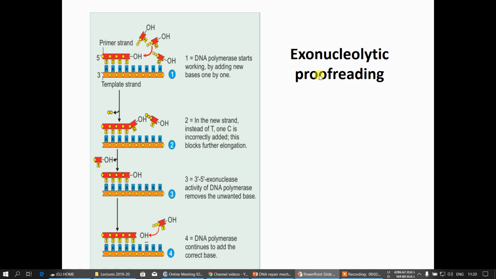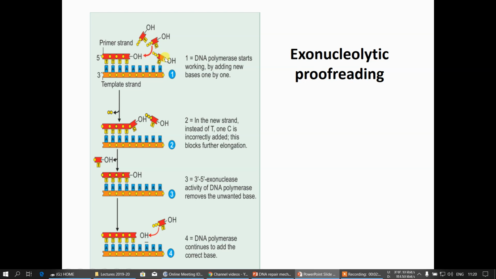So this is the exonucleolytic proofreading activity that occurs normally in replication. Once the replication fork moves ahead, the DNA polymerase goes backwards; this is the newly synthesized strand, 5' to 3'.